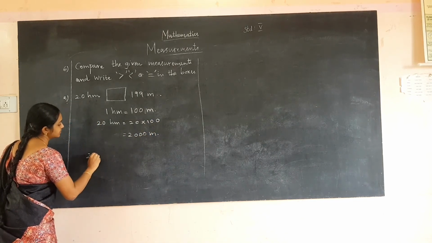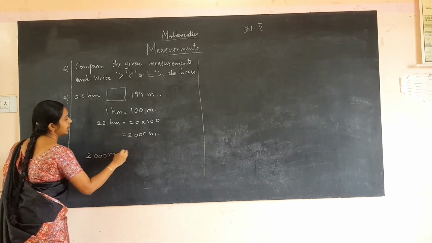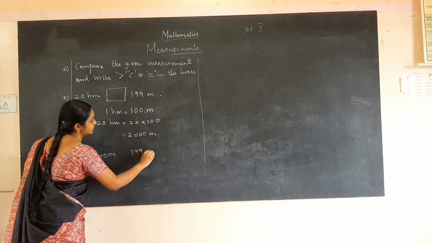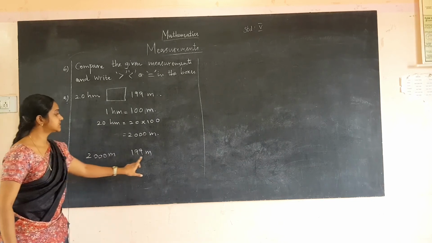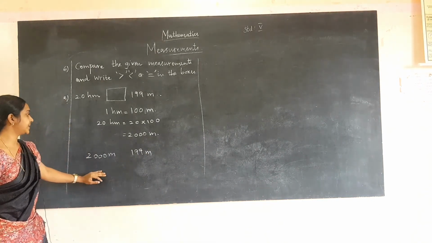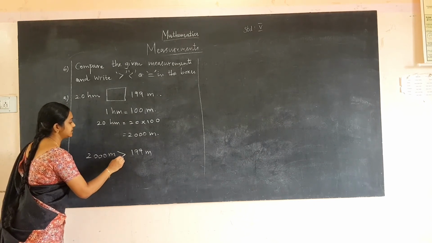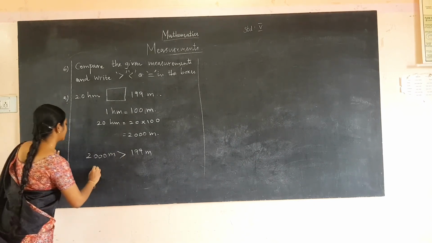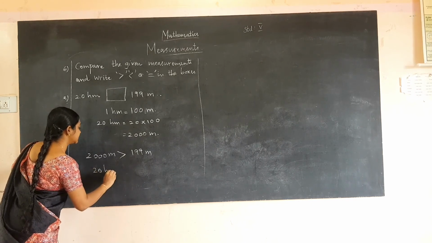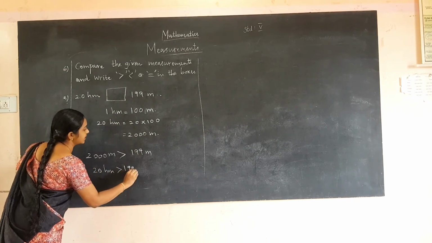Now compare 2000 meter and 199 meter. Both are with same units, so now we can compare. 2000 is greater than 199. So 20 hectometer is greater than 199 meter.